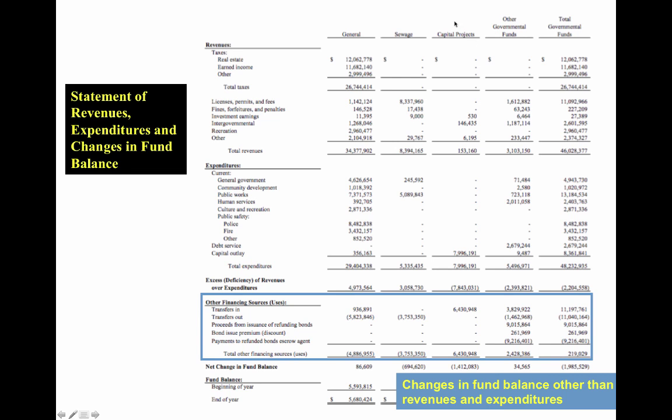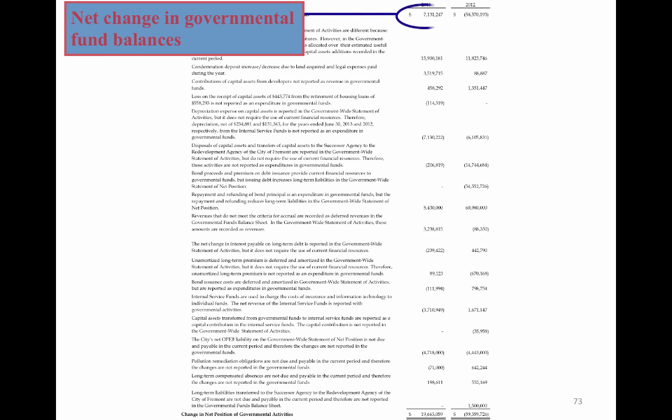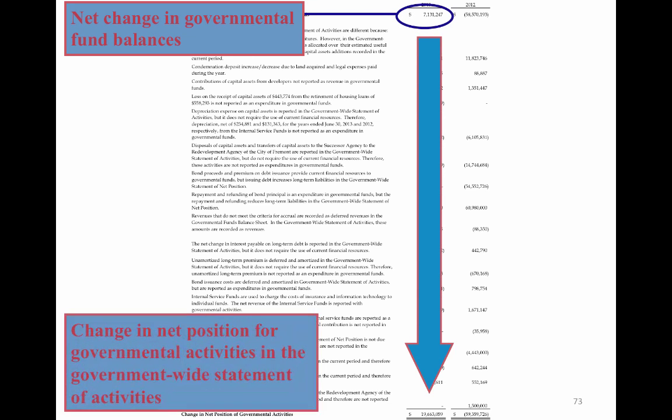And again, the organization is the same. It's the major funds, the non-major funds aggregated in a single column, and then total governmental funds on the right-hand side. And here's the reconciliation that goes with this statement, which shows you the difference between the net change in governmental fund balances in this statement from the change in net position for the governmental activities in the statement of activities.